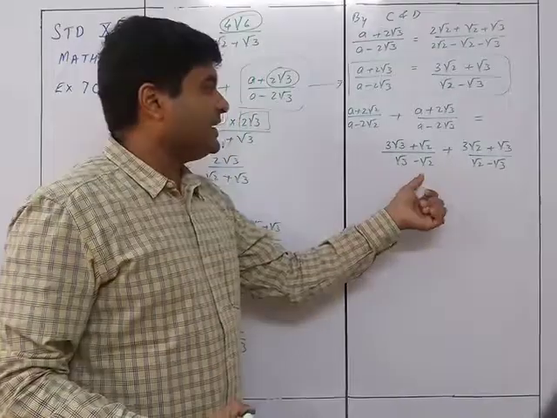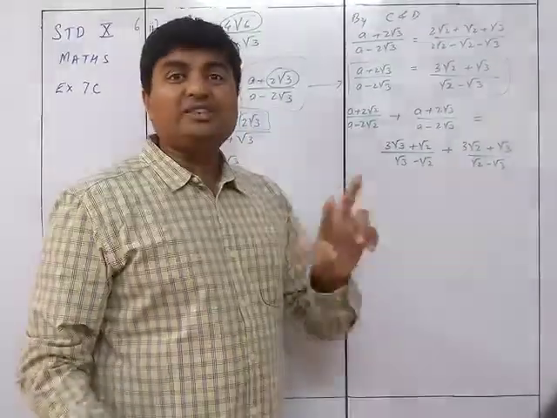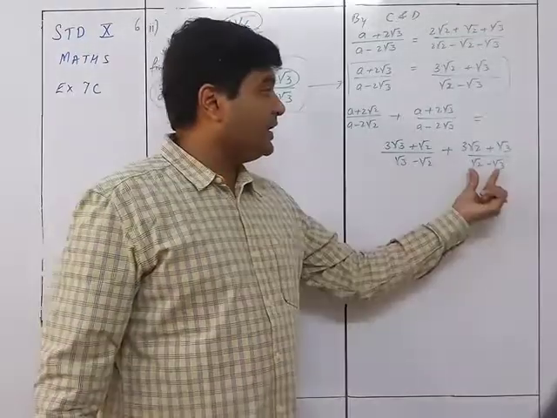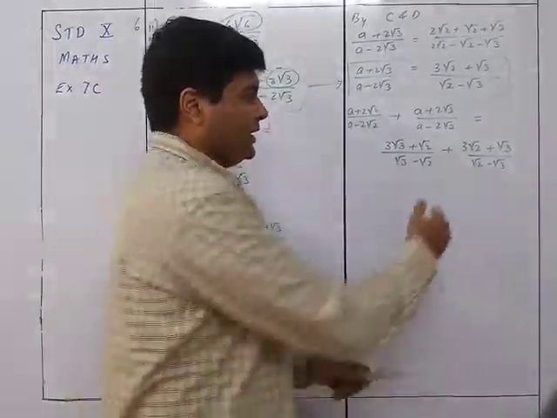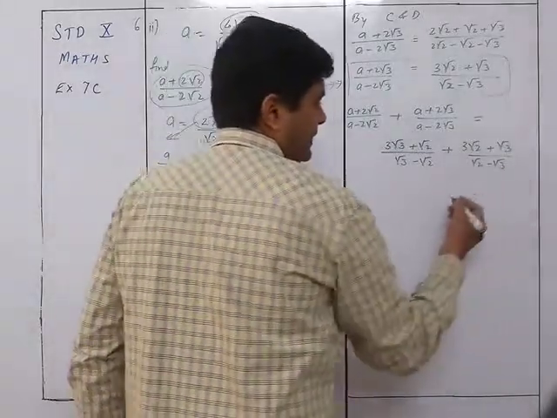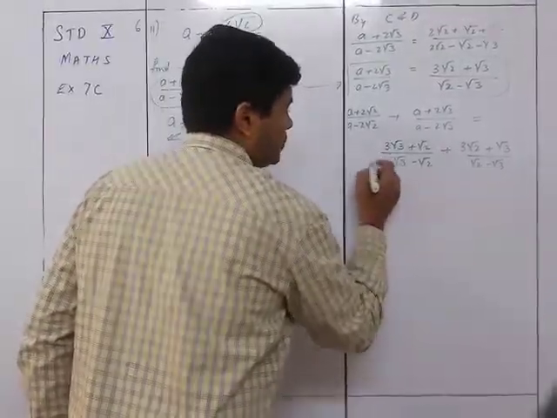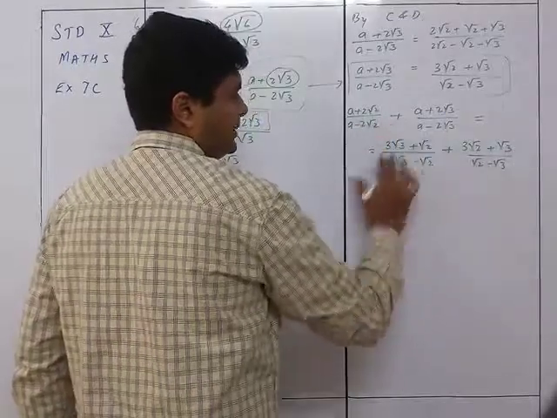Now over here you can see the denominator is changing by its sign. So here it is root 2 minus root 3, here root 3 minus root 2. So I can write over here, this could be equal to, so I'll just take this part, this part I'll not copy down.